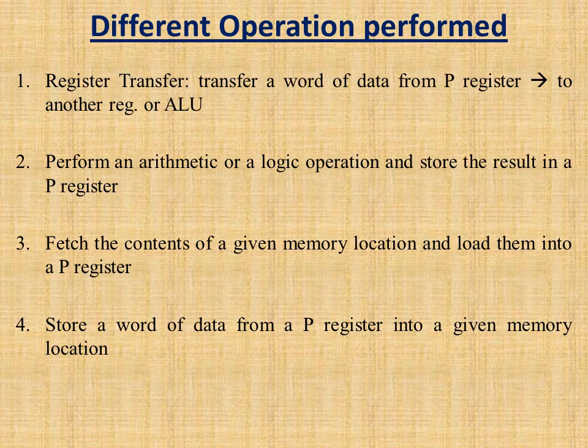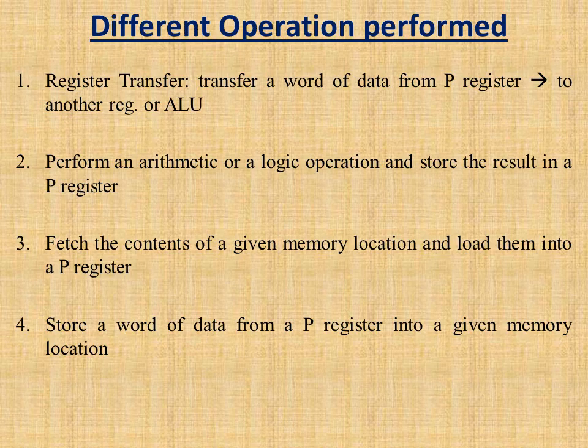Register transfer operation means transferring data from one register to another register inside the processor itself, or transferring data or any instruction from registers to the ALU, from ALU to the registers. Whatever happens inside the processor from registers to registers is nothing but a register transfer operation.